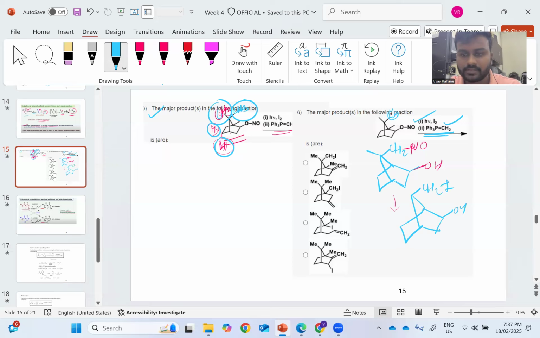So preferably, but again there is a reagent with the Wittig salt. So I'm not sure which is the correct option here. We'll wait for the answer key for this question.